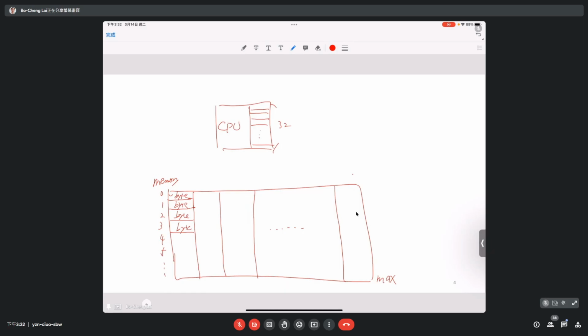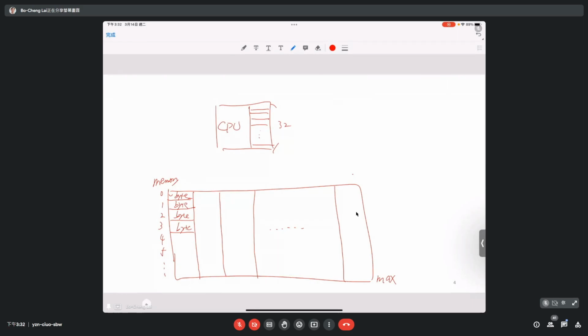If that's a double word, then you need to jump over a unit, 8个 byte, right?